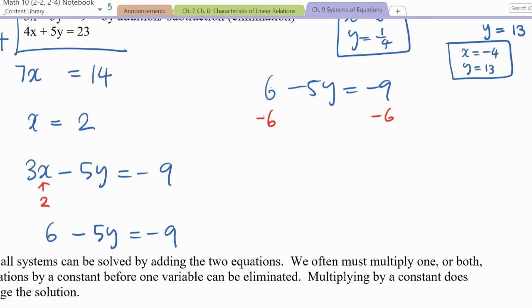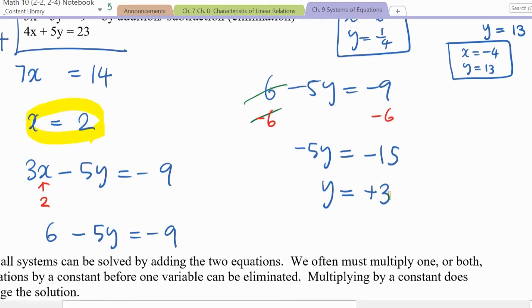I get -5y equals -15. Then you divide both sides by -5. -15 divided by -5 is +3. So the answer is x equals 2 and y equals 3.